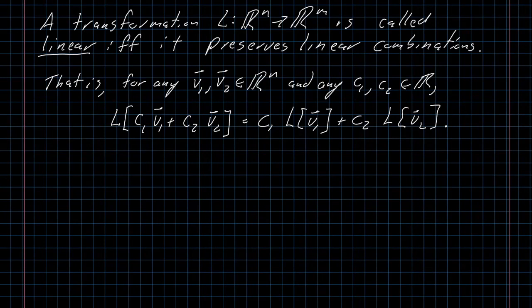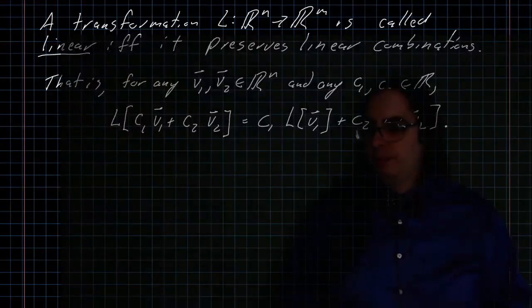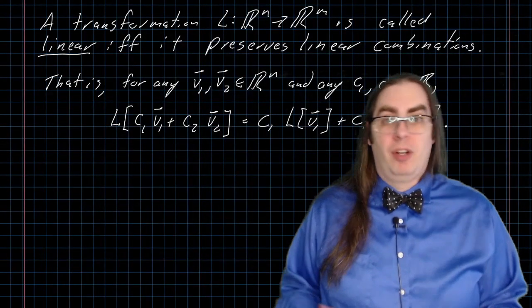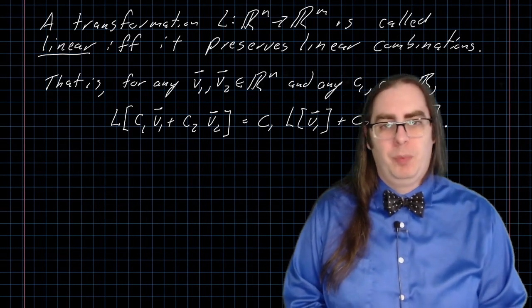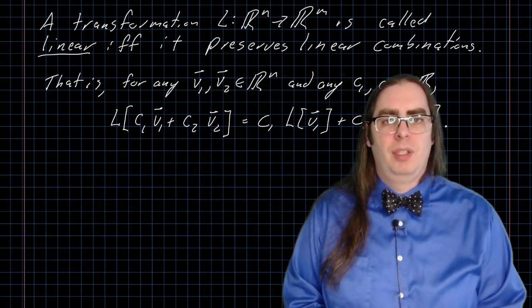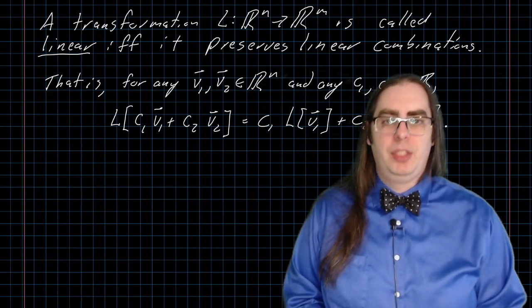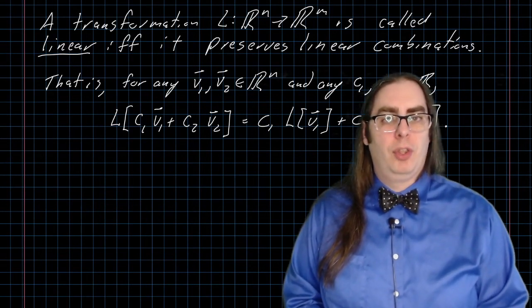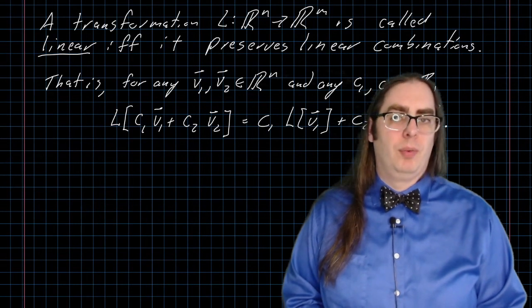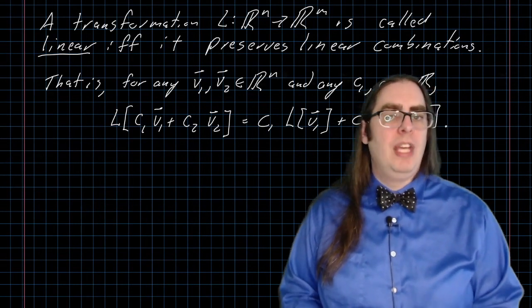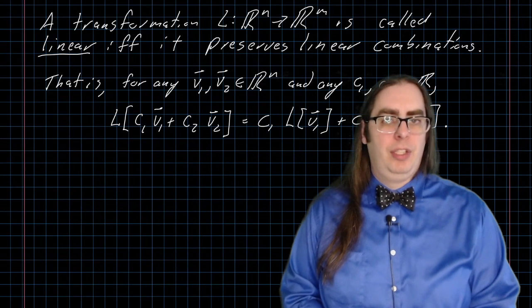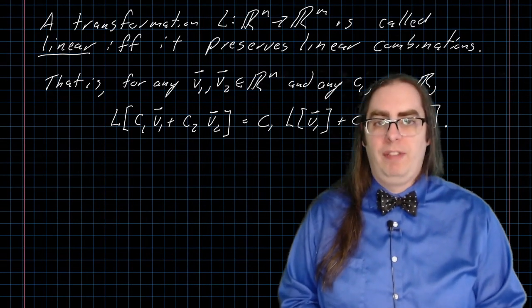And this finally gets us to what we're really going to be looking at in this course. All right, we are how far into the course, and I can finally define what linear algebra is. Linear algebra is the study of linear transformations and how to turn things into linear transformations, how to recognize that things are linear transformations, how to use the fact that something is a linear transformation in order to make your life easier.